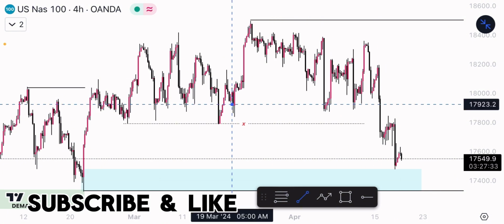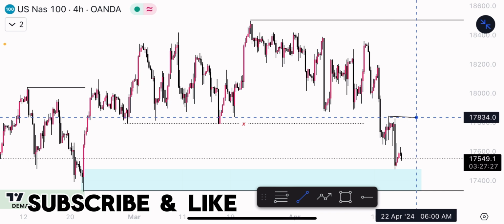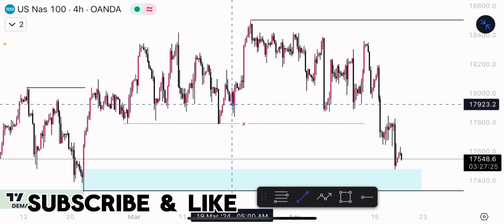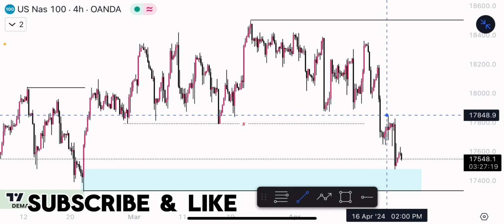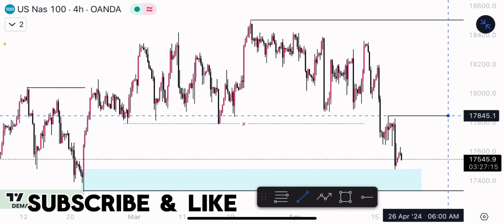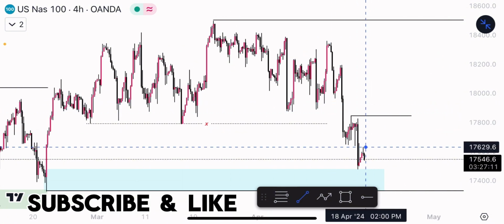We have this low here, we have this high on the 4-hour, and we have another one that is being created now, but we don't know yet since it has not broken the low.